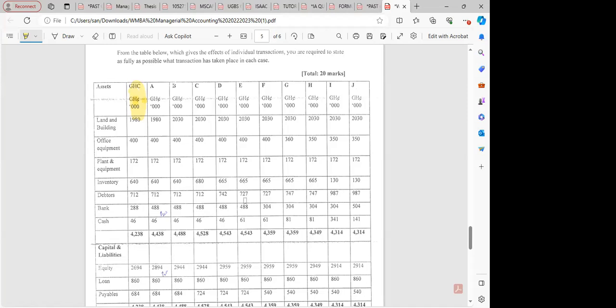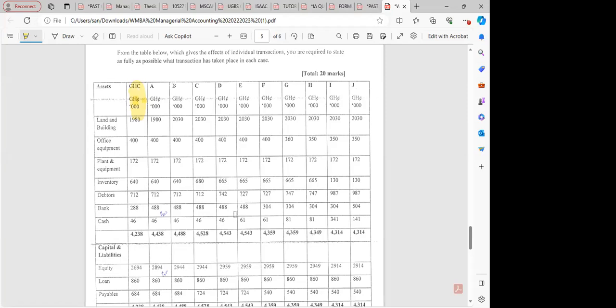Debtors has gone down by 15, right? We're taking away this and that. The difference is 15. I'm sure you are aware who debtors are.